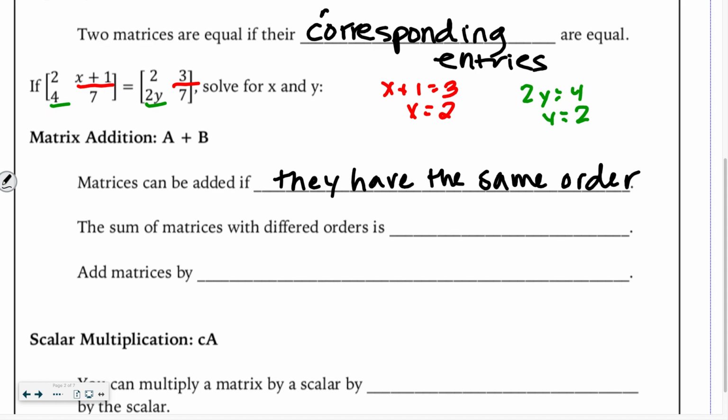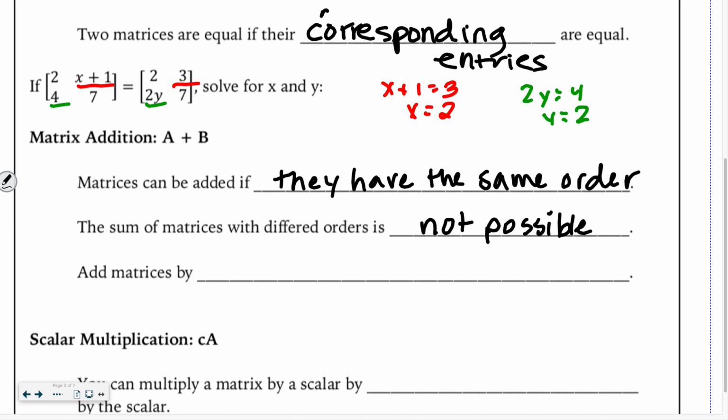So if you're being asked to add two matrices that don't have the same order, their sum is not possible. So homework, quizzes, tests, if you're ever asked to add two matrices that don't have the same order, you can just write not possible and move on. You don't have to do any kind of work.